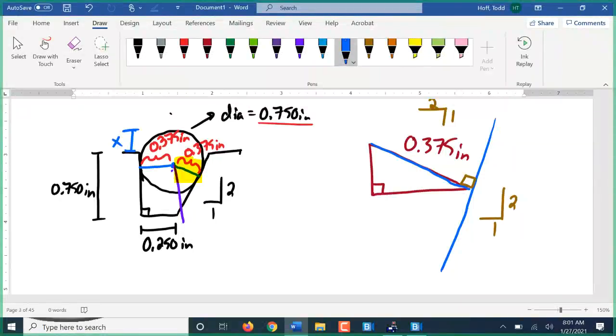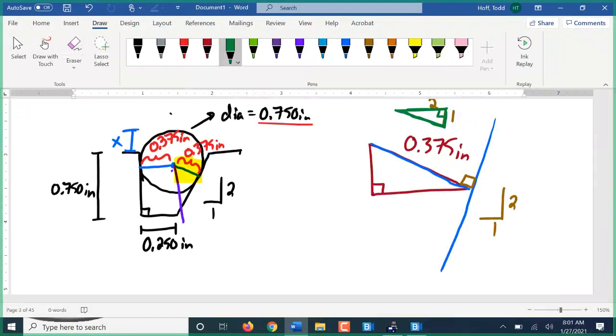Now, here's the part that's tricky. We have this 1-2 aspect ratio here. That's a right angle. Vertical and horizontal always form a right angle to each other. So I'm going to turn that aspect ratio into a right triangle, and I'm going to find the length of its hypotenuse.